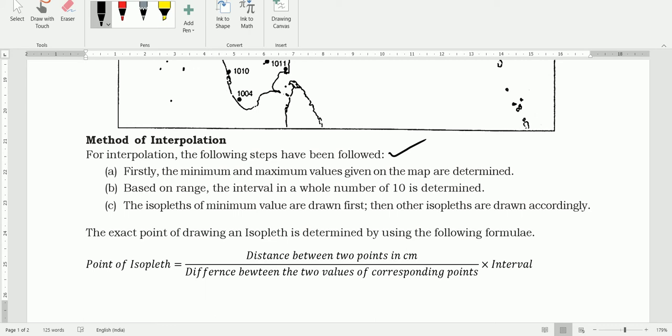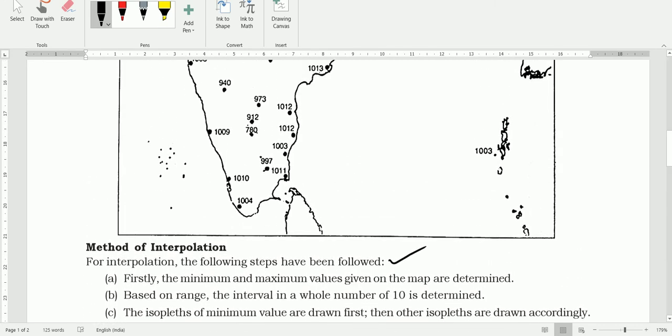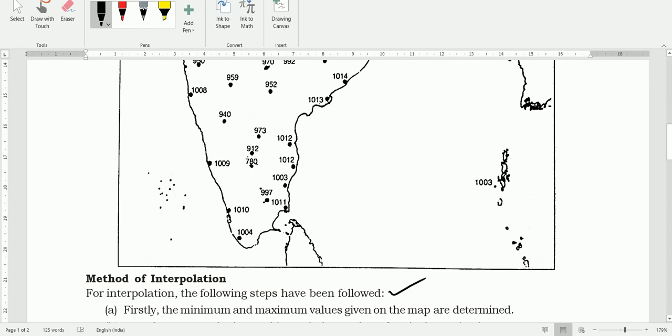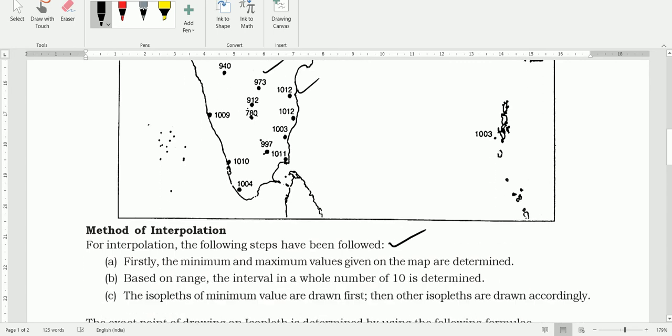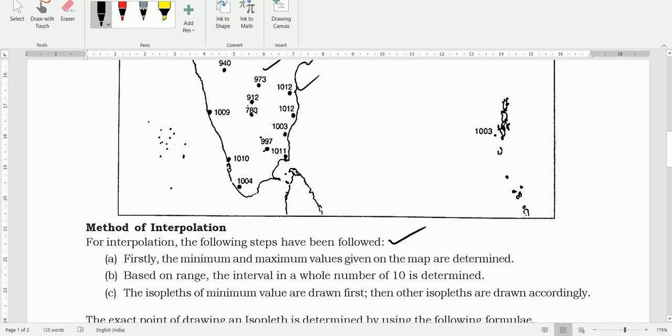First, we have to observe this map. All the values plotted here must be observed very carefully. After that, you may find the minimum and maximum values.